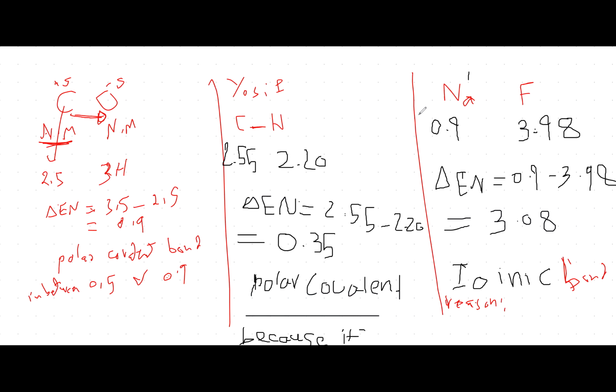It's greater than 1.9. Very good. You have to write it. Delta EN greater than 1.9, so it is an ionic bond. Okay, that's sure. And there is something missing here. You have to write it for me positive, and you have to write it for me negative. This is the positive here.